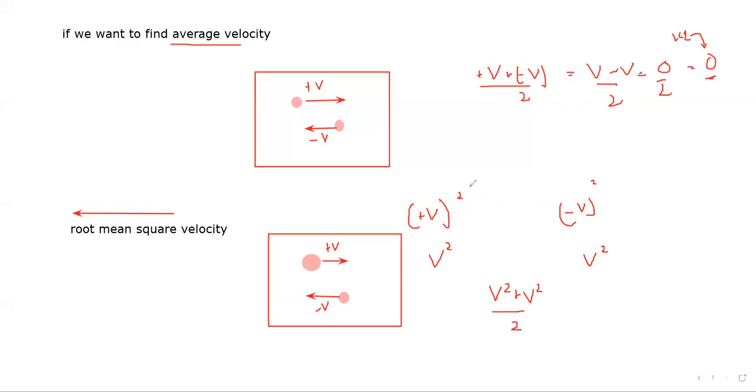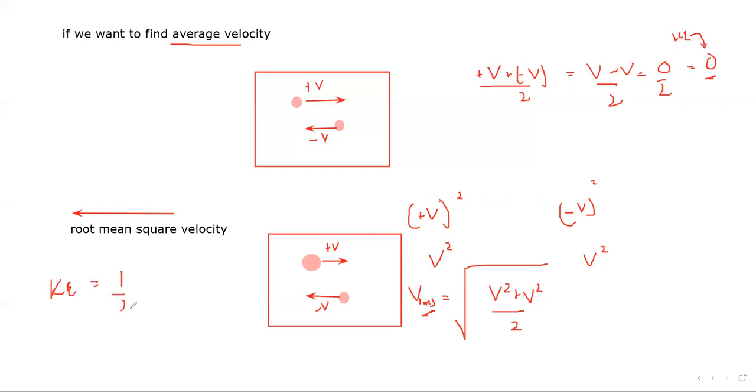But because we took a square first, how can we reverse the effect of the square? What is the inverse of the square? That is the root. So then we take a root, and we call this speed VRMS.